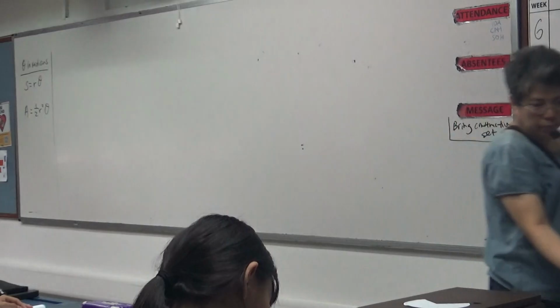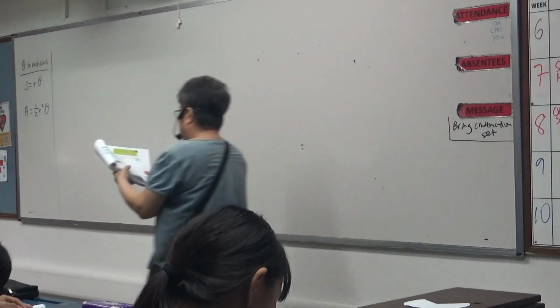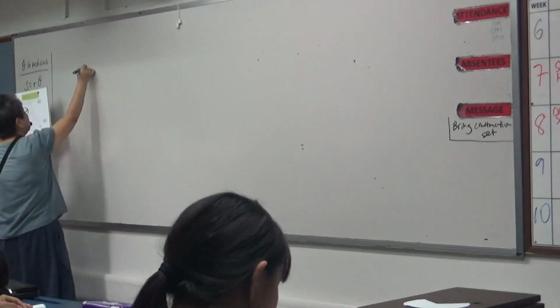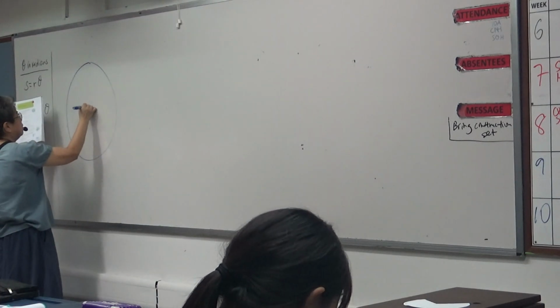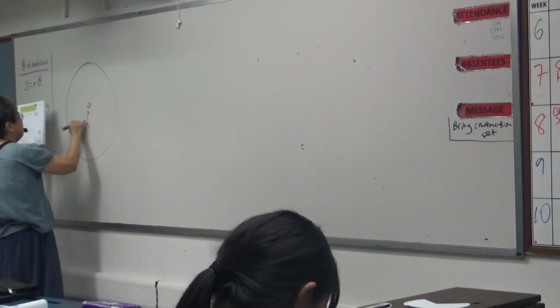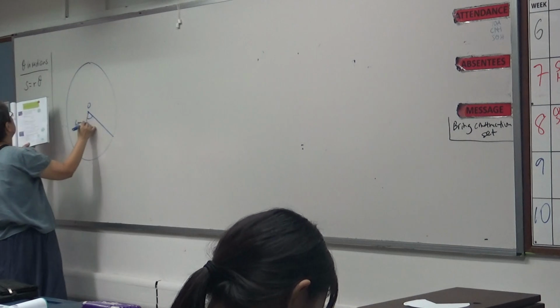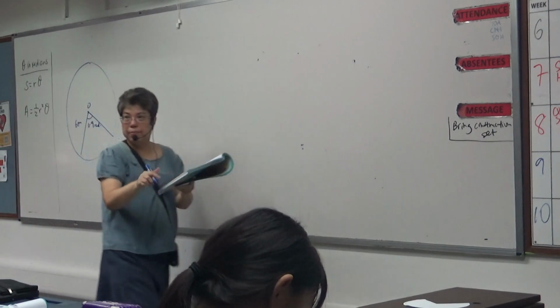Take a look at the question in example 12. So this is the circle, center O, 6 here. This is 0.9 radians. Can you see?